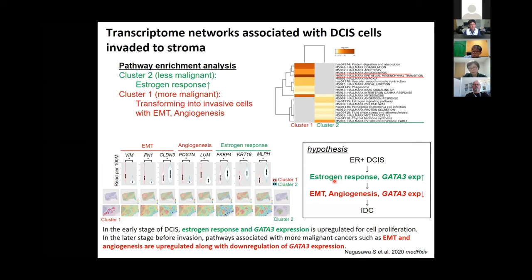So we suspected that the GATA3 transcriptome repression triggers the malignant transition of DCIS to IDC as an initial event.